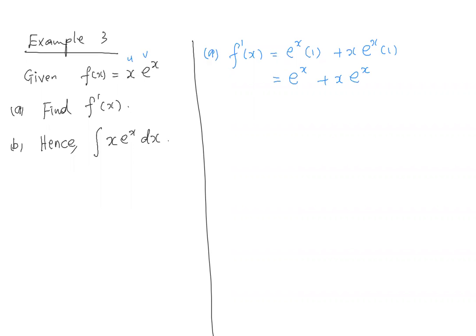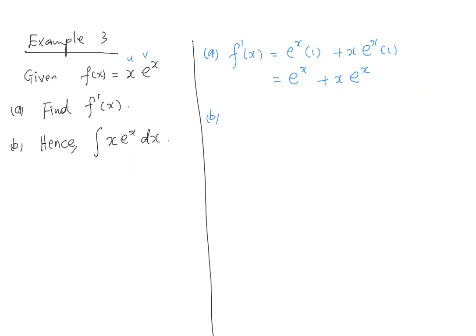So based on my understanding of anti-differentiation, if I want to solve part B, what will I do? I straight away will write down whatever derivative that I get.